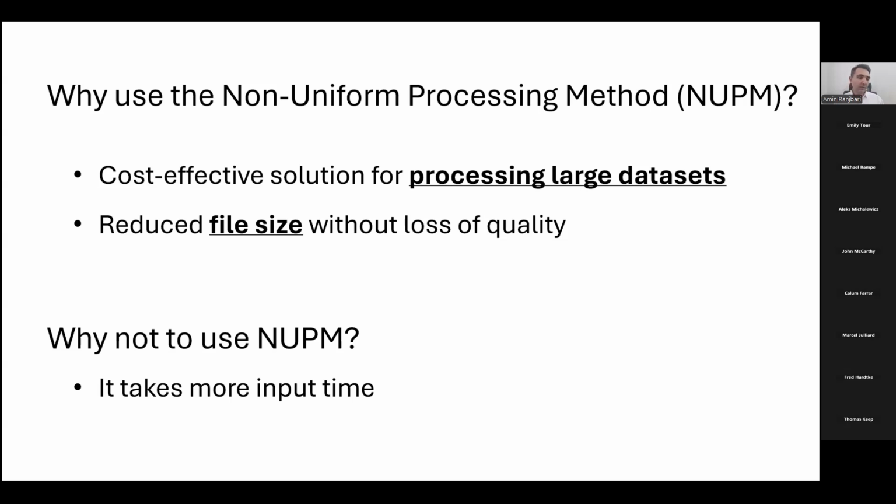And secondly, it helps reduce output file size without loss of quality, which is really important because photogrammetry output models are generally large, and there are some issues with copying, transferring, storing, saving in hard drives, and presenting these models online.